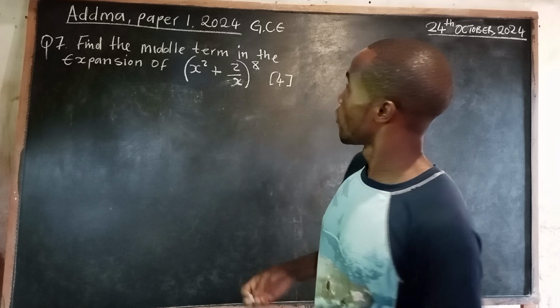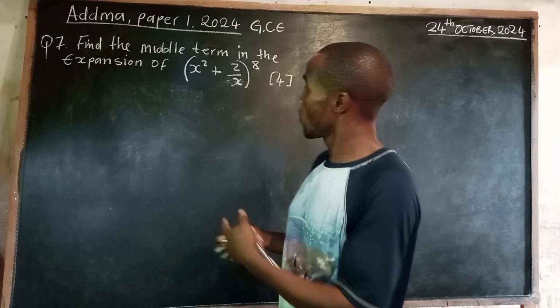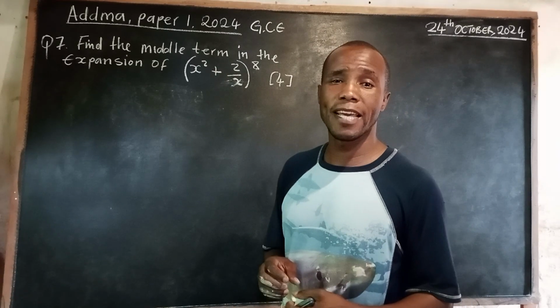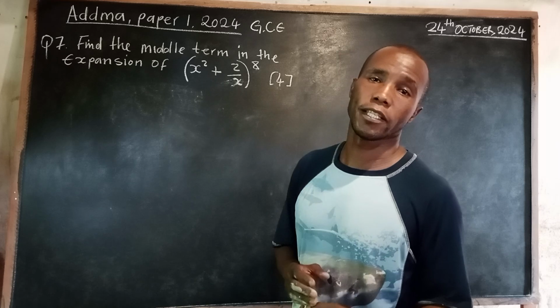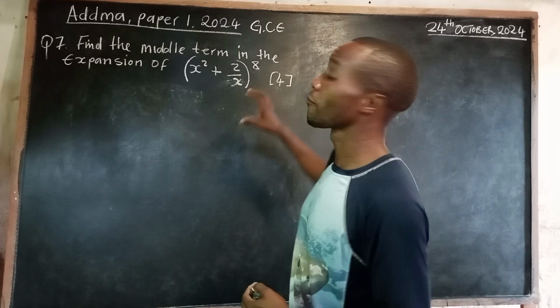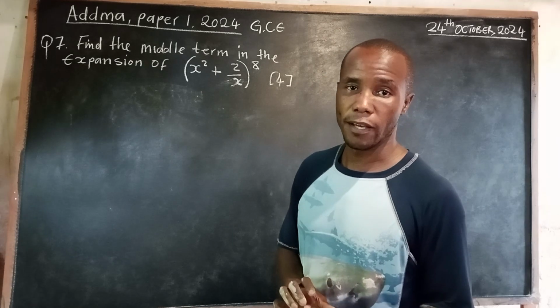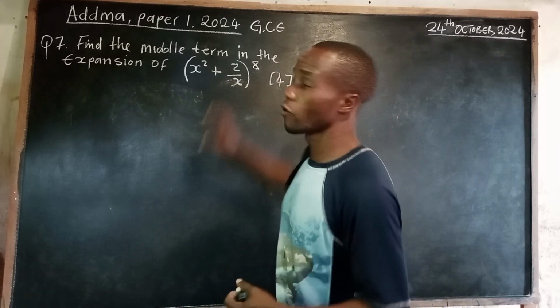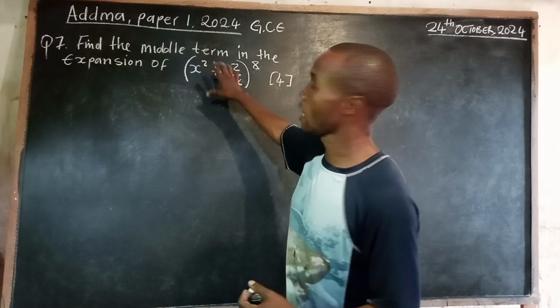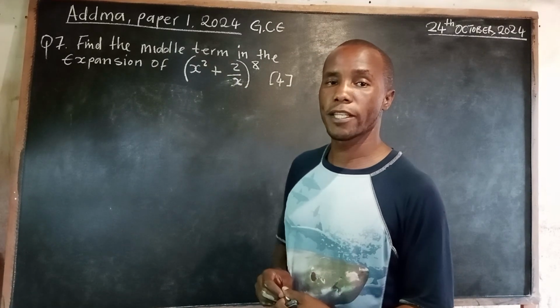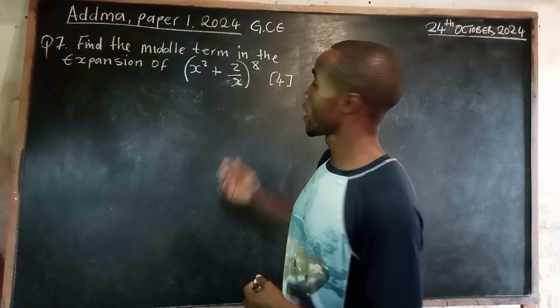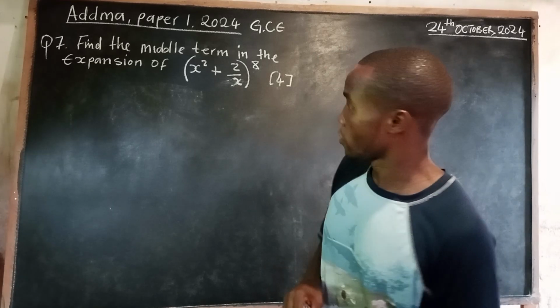The binomial theorem one is actually the simplest and most accurate one, so it's the one that I'm going to show you, so that in case you come across this type of question, you will be able to answer it using the binomial theorem method.